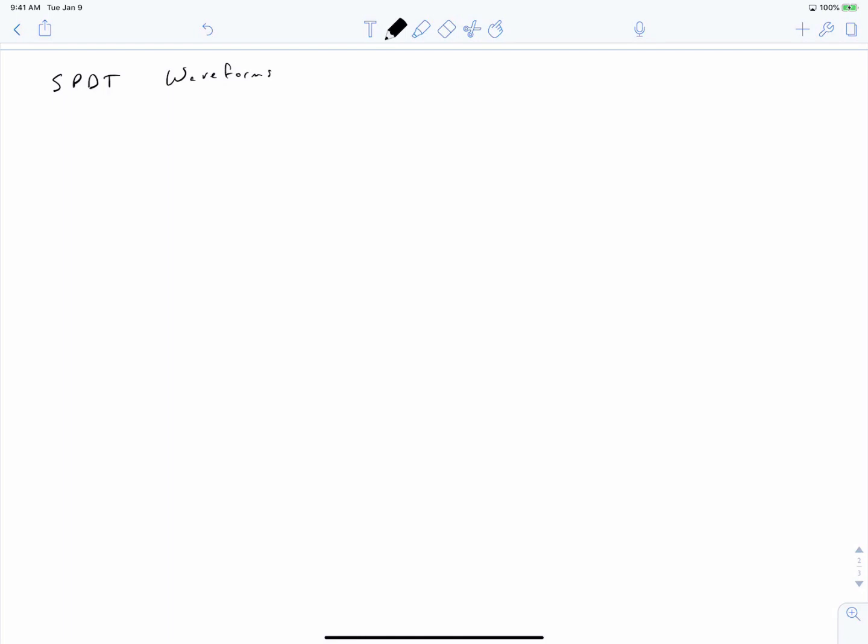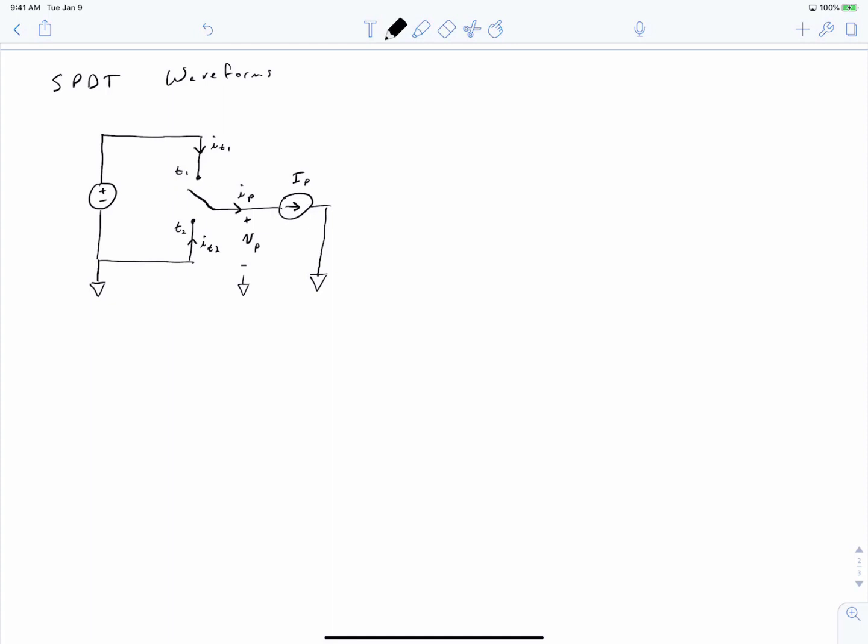Suppose you have a single pole double throw switch connected to a circuit as follows. So you can see that I've labeled the 2 throw currents as IT1 and IT2, and I've labeled the pole voltage as VP.